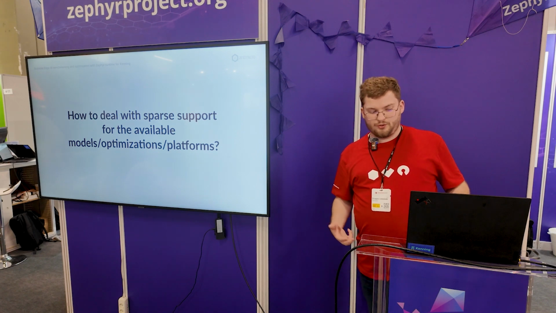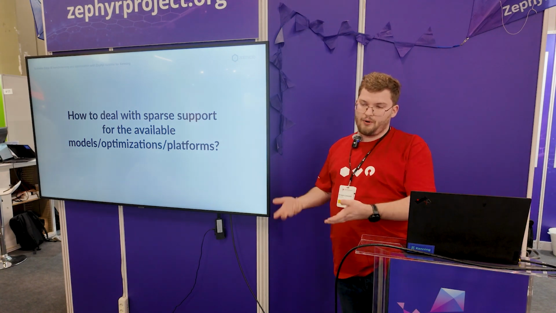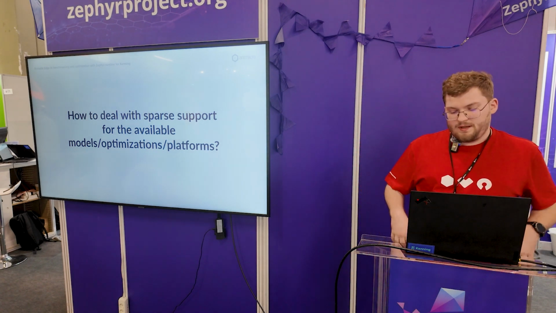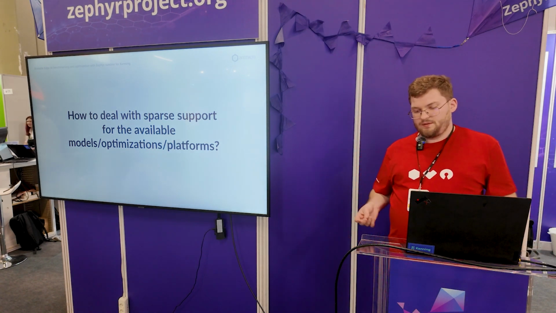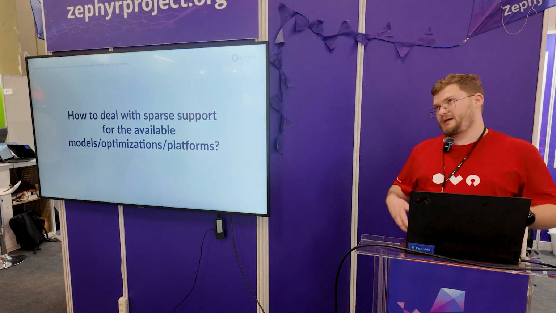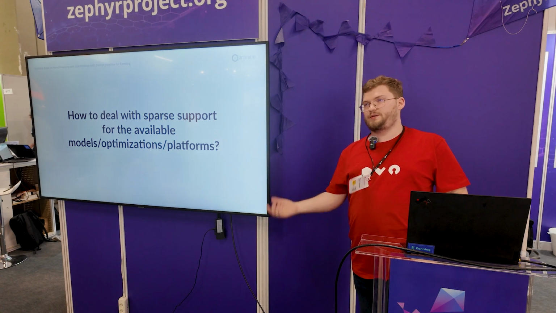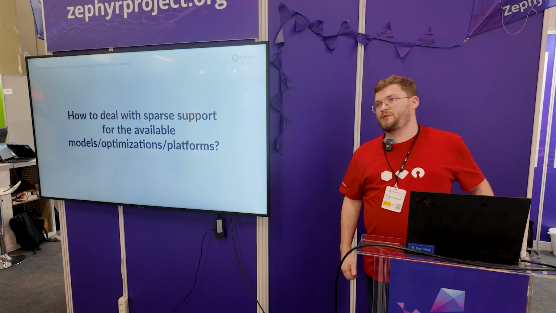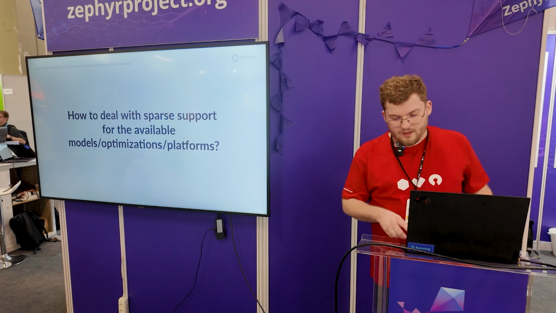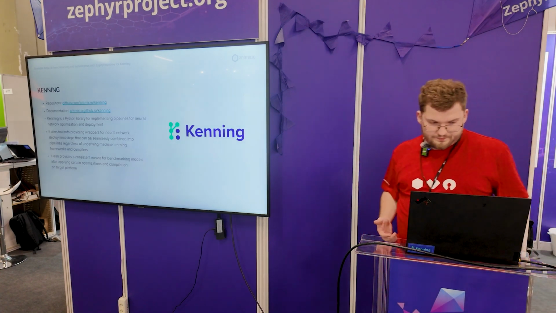We may want to use a slightly different runtime and check how it will work on our platform, etc. And migration from one framework to another can be troublesome and time-consuming because they have completely different APIs, they have completely different flows, and so on. To address that, we created a Kenning framework.